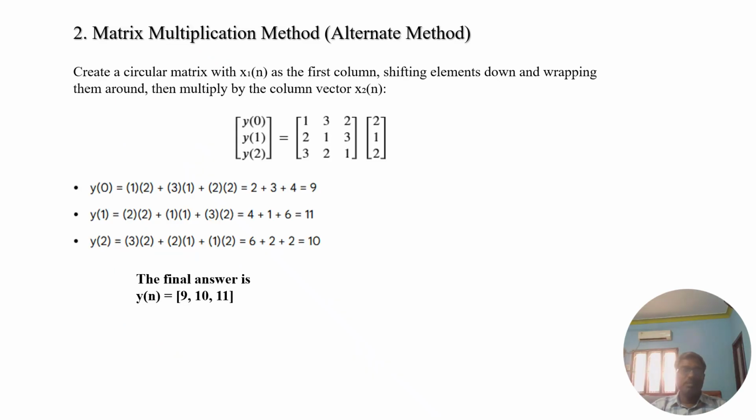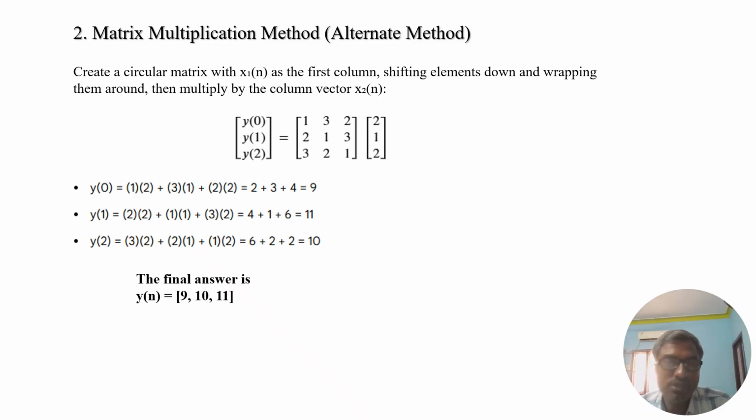The second method of computing circular convolution is the matrix multiplication method. In this way, the output can be obtained by multiplying the periodically shifted version of the first sample into the second sample. Here, y of 0 can be obtained by multiplying 1 into 2 plus 3 into 1 plus 2 into 2, which yields the result of 9.